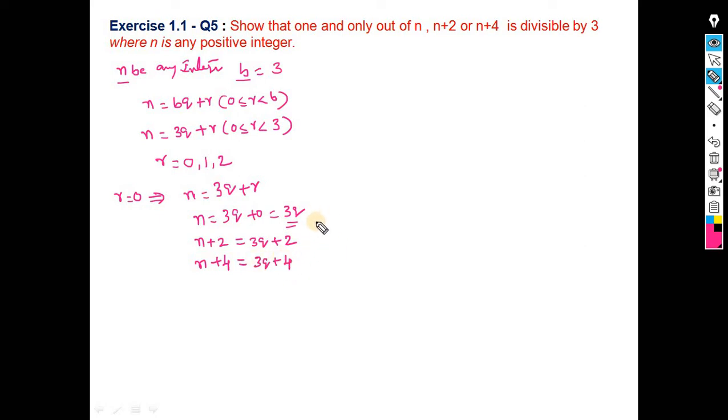If you look at these three values, when you consider the r value as 0, out of these three, one has 3 as a multiple with the quotient, 3q. That means it will be divisible by 3, and all others are not divisible by 3.